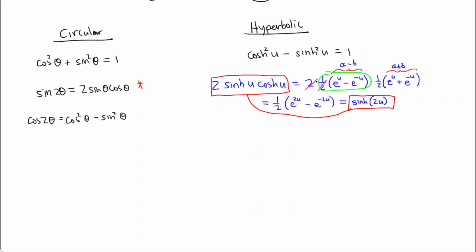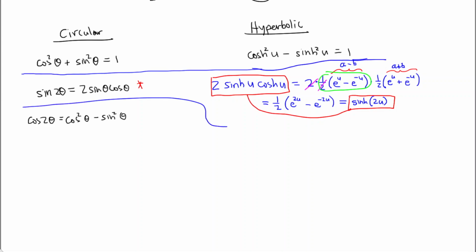Now a person might wonder, if we go on to the next identity, maybe the one for cosine 2 theta in trigonometry, because I have a minus sign here, maybe I'll have a plus sign on the hyperbolic side. Our guess there is maybe trading the plus for the minus, as in our Pythagorean identity up top. So maybe we're going to trade the minus for the plus. We'll see. It's a guess.